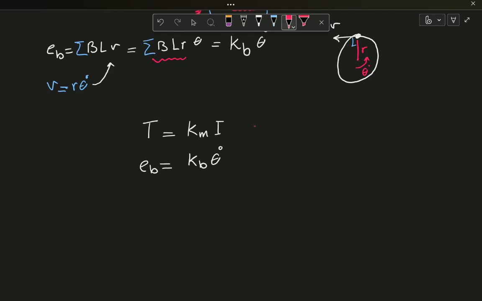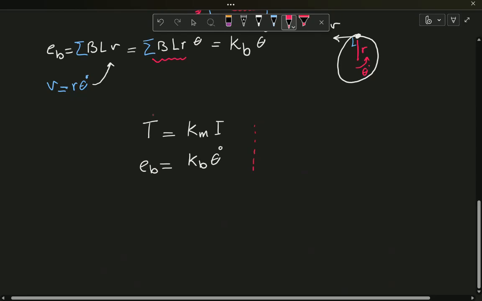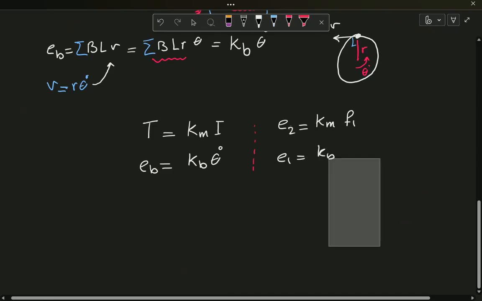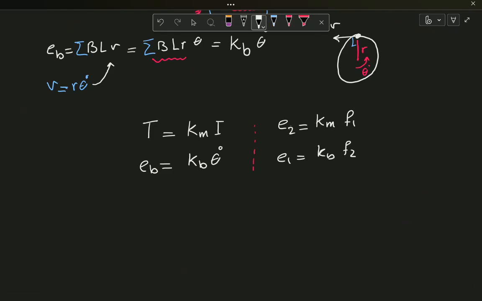They're actually different because they connect the effort on one side to the flow on the second side. So in these formulas, you have E2 equals Km F1, and you have E1 equals KB F2. So with this introduction, let's go and see how we can actually model these devices.